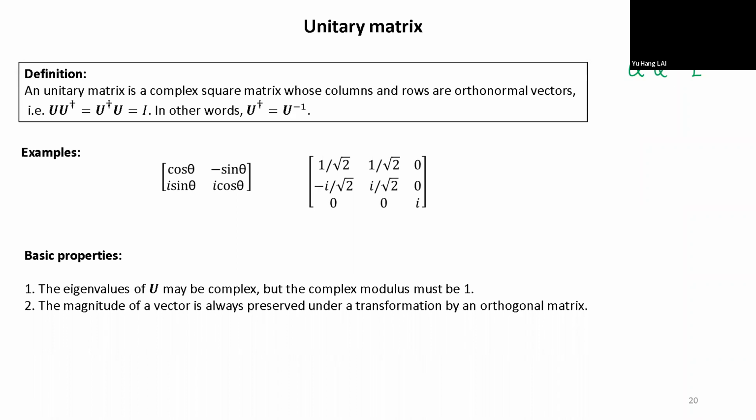At that time I told you that if we construct a matrix Q using an orthonormal basis set, then you get this orthogonal matrix.